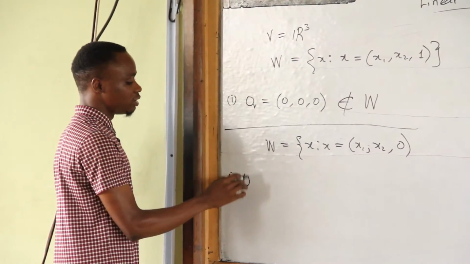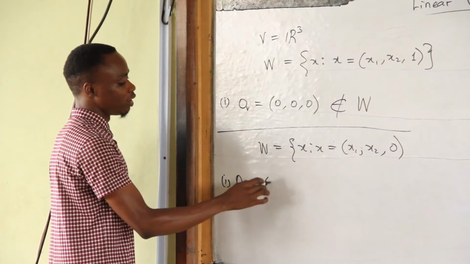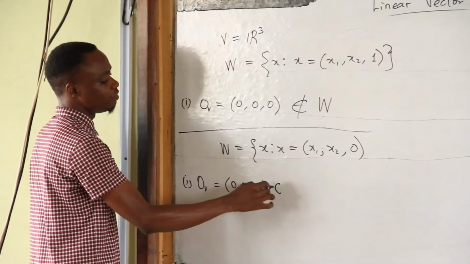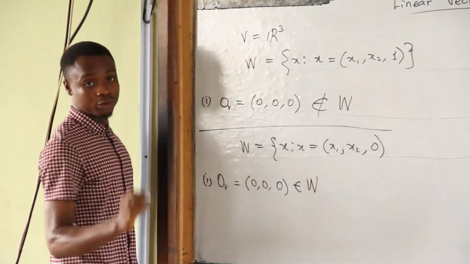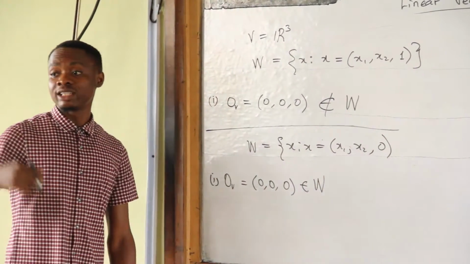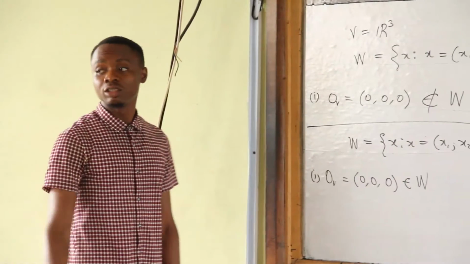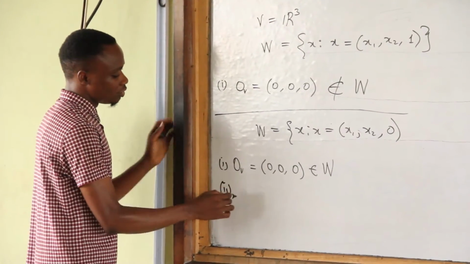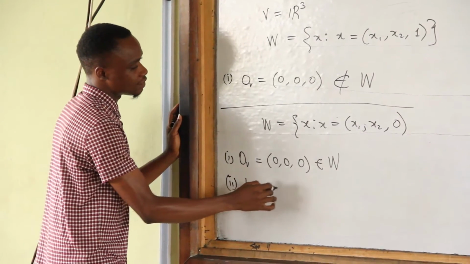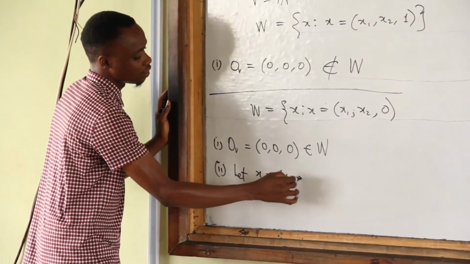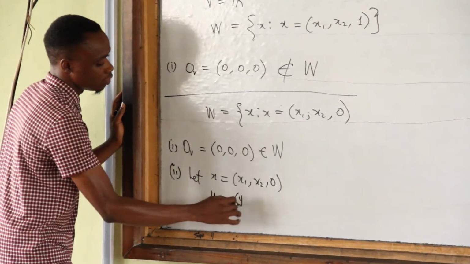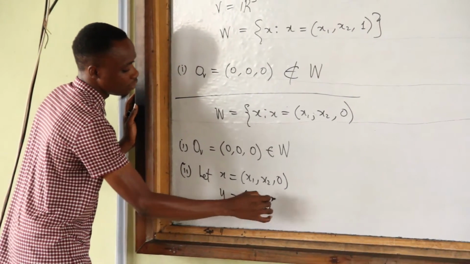Now let's check that out. The first one, 0 equal to 0, comma 0, so obviously this is an element of W. Let's check the second condition. Let X be equal to X1, X2, comma 0, and Y be equal to Y1, Y2, comma 0.